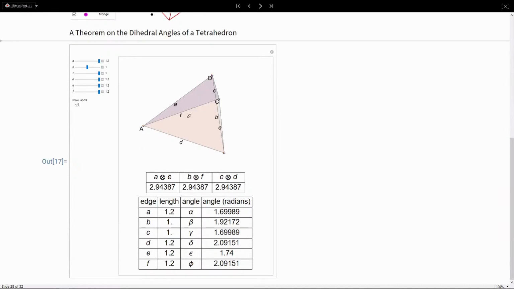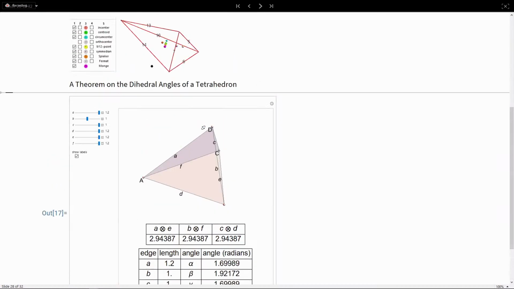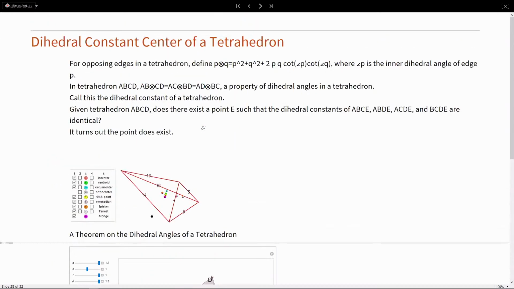If we do that operation on opposite edges, let's say B and F or C and D, the dihedral constant is the same for any tetrahedron. This operation on the edge angles. It's possible to add a new point so that it generates 4 tetrahedra that all have the same dihedral constant.